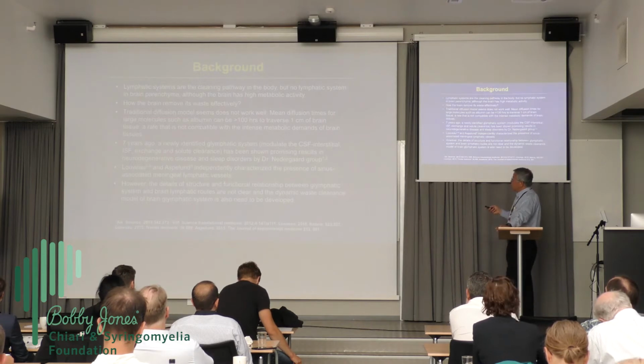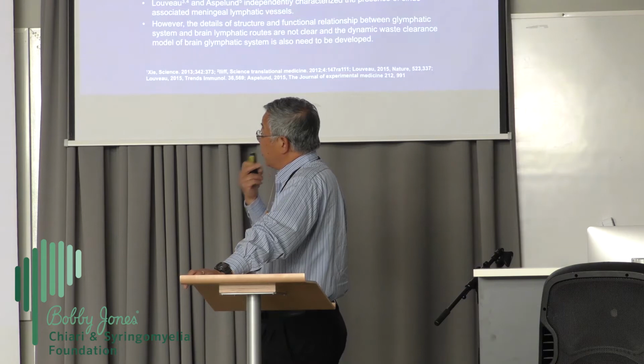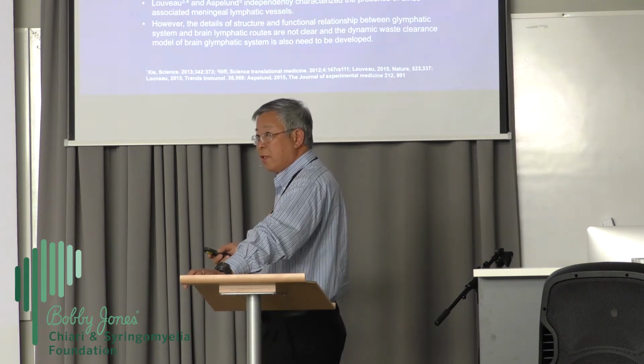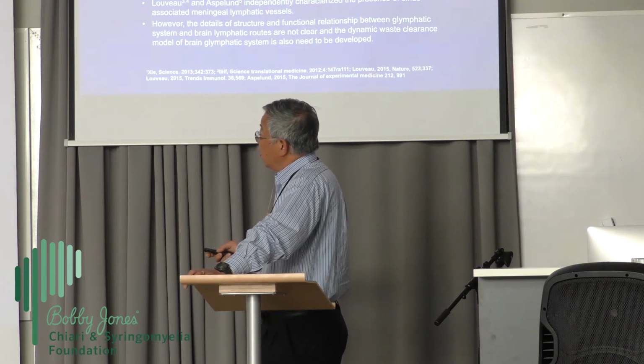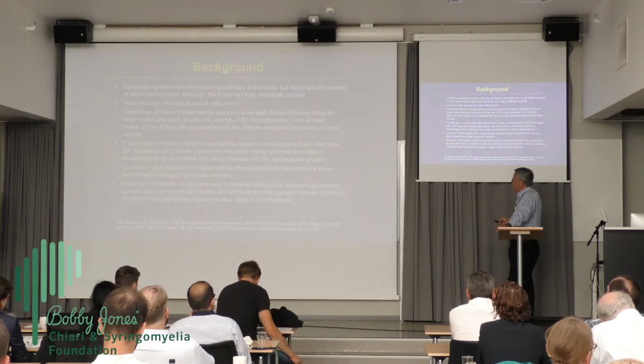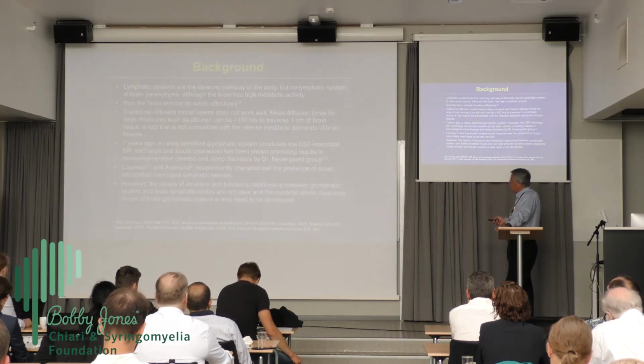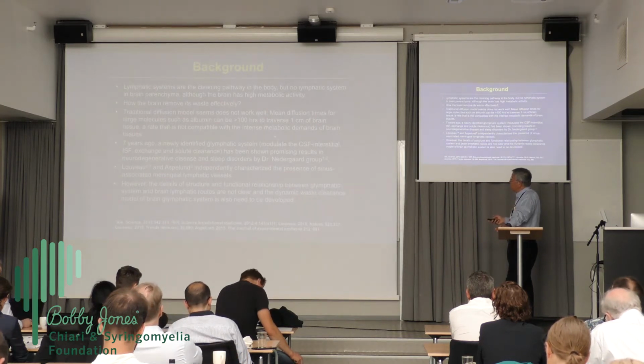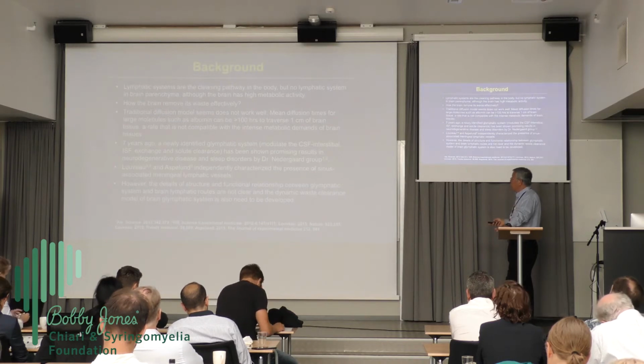A few years later, two independent groups found lymphatic vessels in the dura. However, so far, the detailed structure and functional relationship between the lymphatic system and the glymphatic route is still not clear.